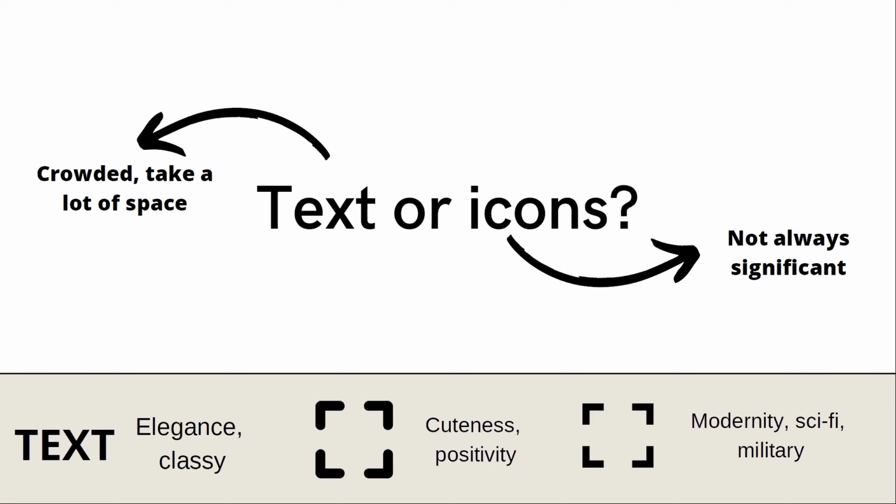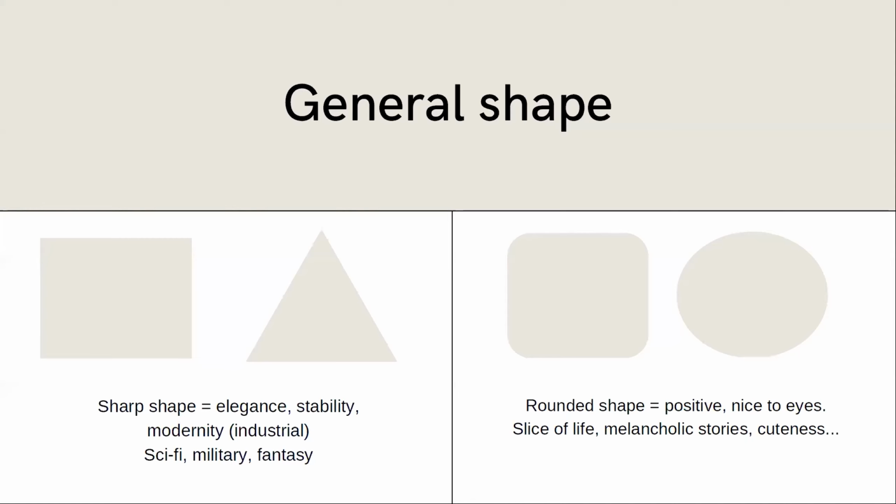And it's the same for more global shapes. Traditionally, sharp shapes, like a rectangle or triangle or even hexagon and stuff like that, will give a sense of elegance and stability and modernity, but in the industrial sense.